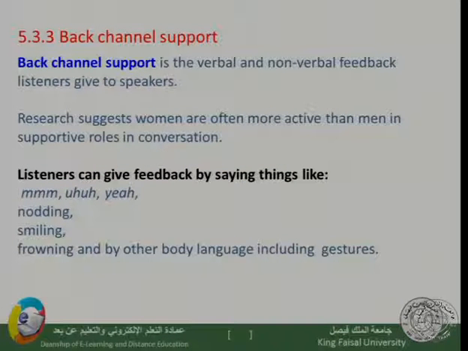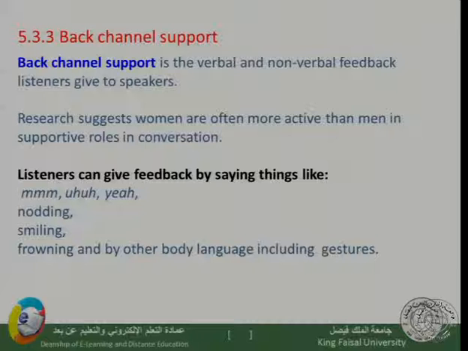Back channel support is another point which we need to discover. Before we go into details, we need to understand what back channel support literally means. Back channel support is the verbal and non-verbal feedback listeners give to speakers. When there is a conversation between two people and one of them is talking, the other gives the speaking person some feedback.